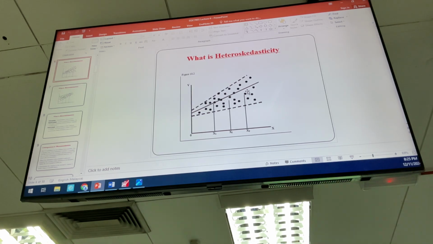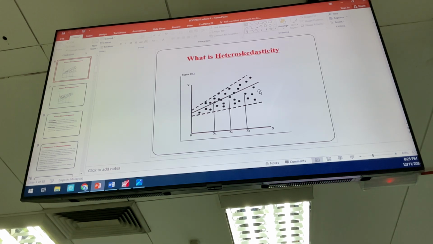Because of that, you will have a problem, because some observations have small values of Y and X, and others have large values of Y and X, and then you can produce different values of the error term. So this one has a smaller error, this one has a large error, and it makes your error variance different.